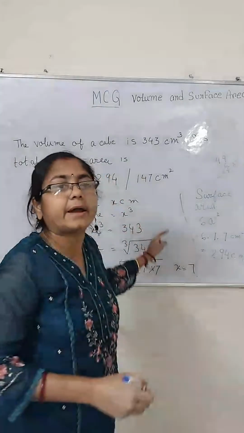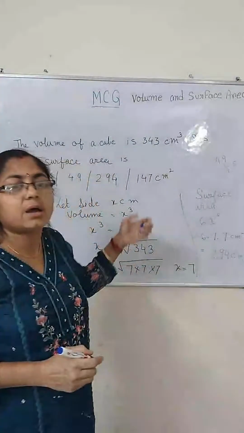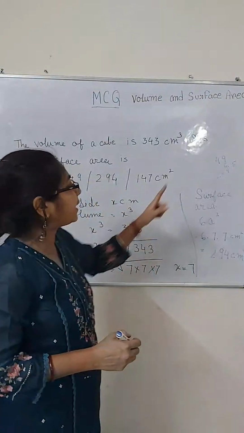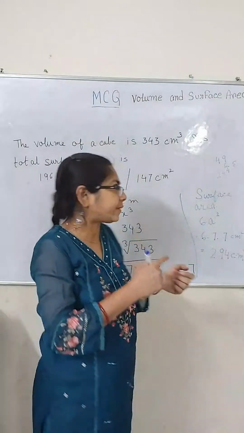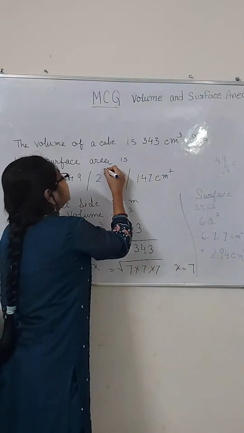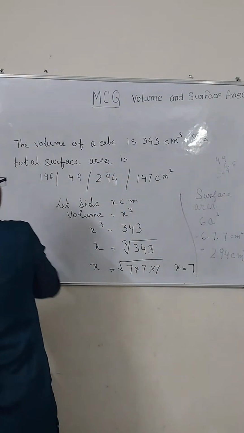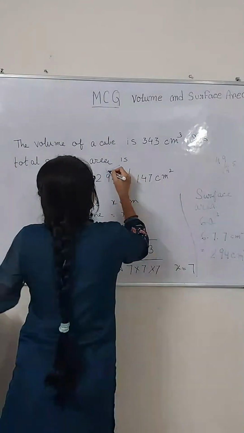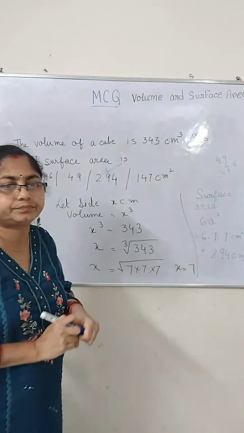Here first I find out the one side value from the volume. Then I find out the surface area because it is our question. What is the surface area? Look, 294. So third one is our answer. Proper answer is third one.